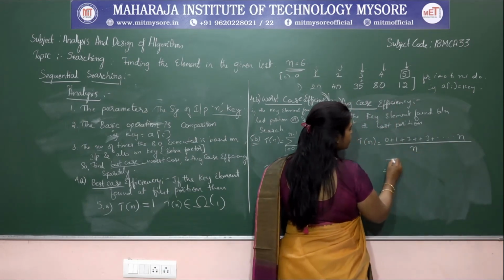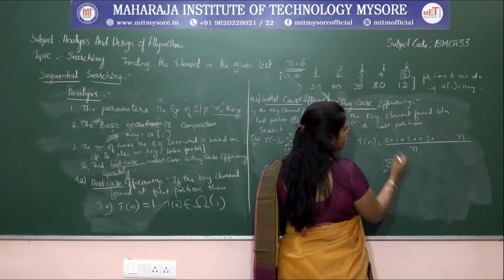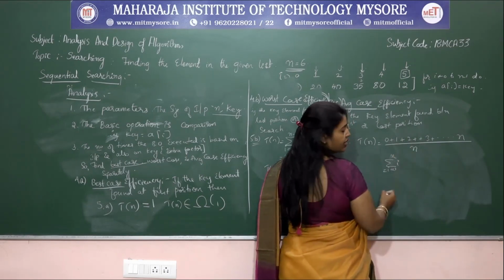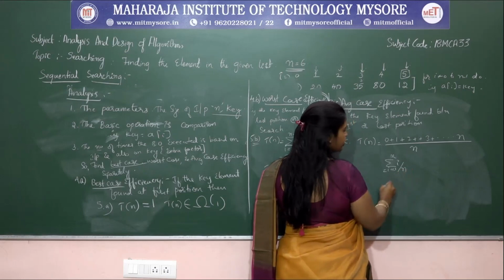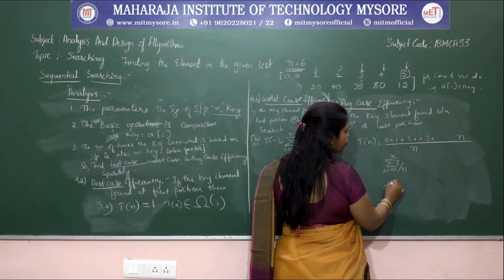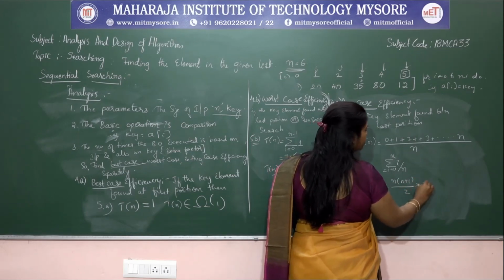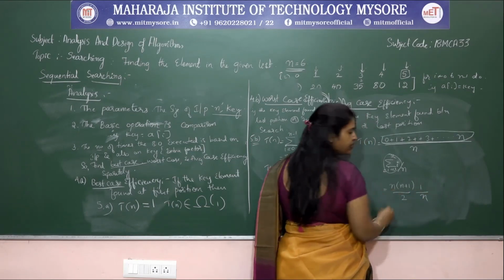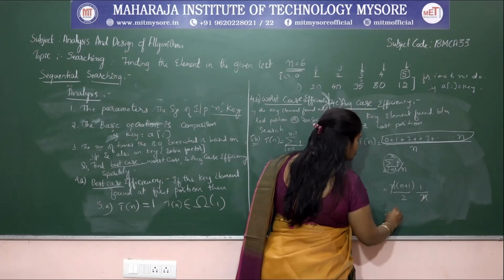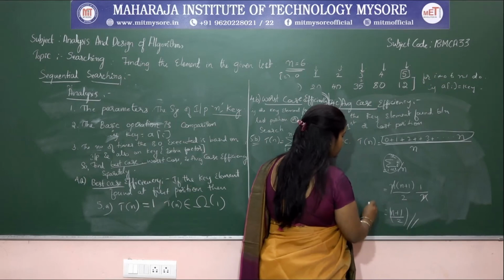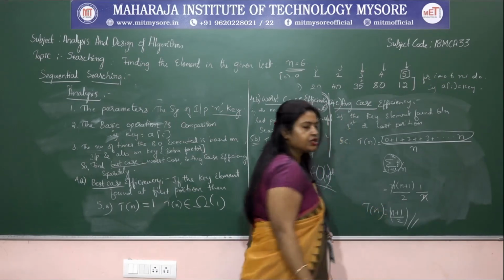So this can be written as the sum of i, starting from 0 up to n, divided by n. Now for this we have a formula, n into n plus 1 divided by 2, divided by n. So n gets cancelled, and you will be left with n plus 1 divided by 2 as your time efficiency function.